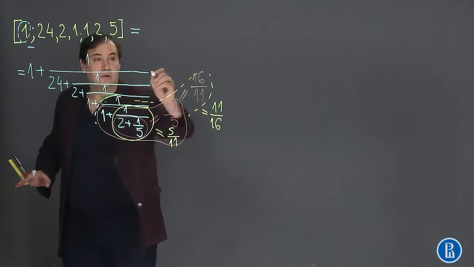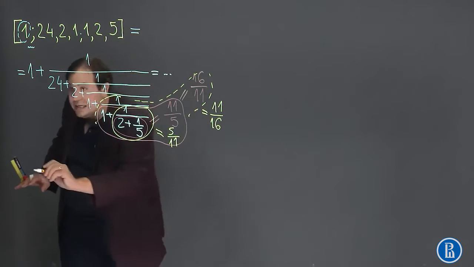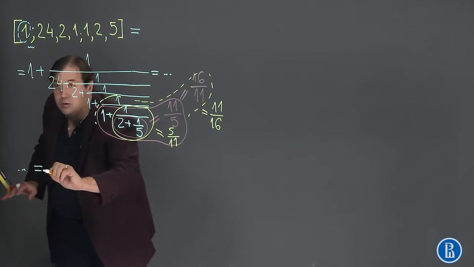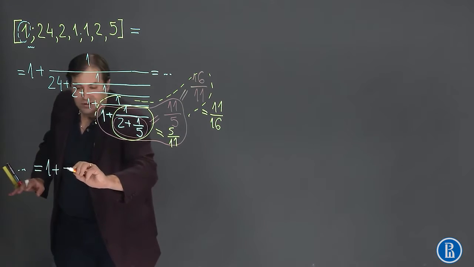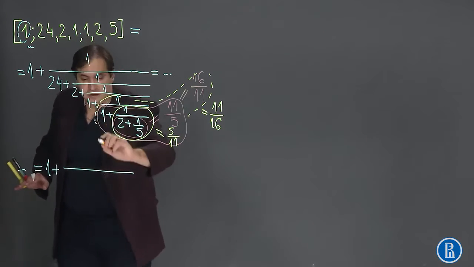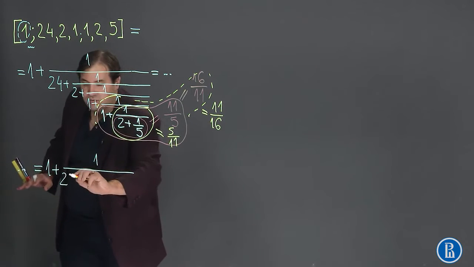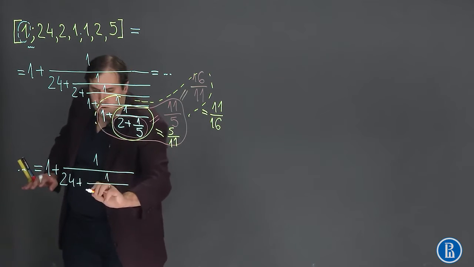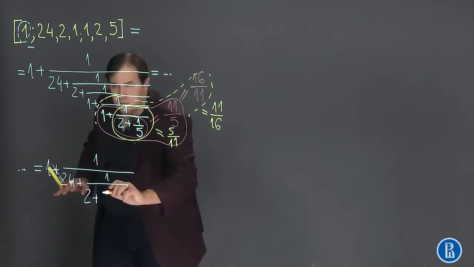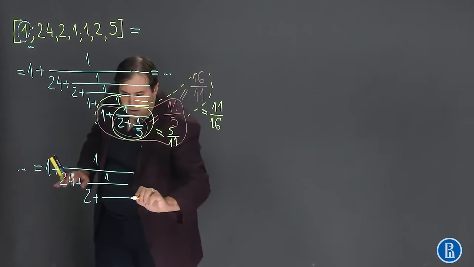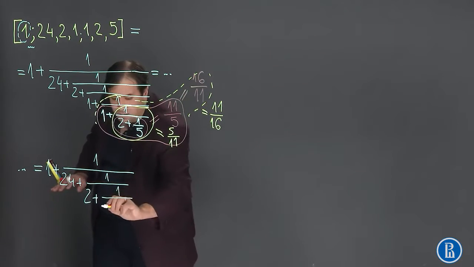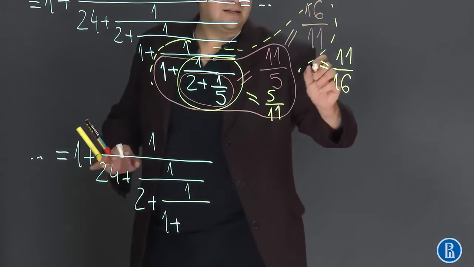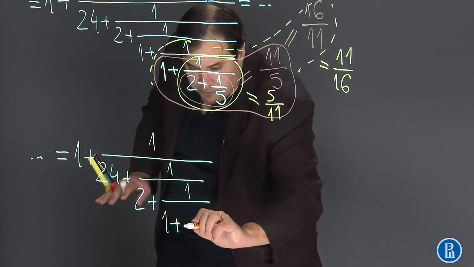So it is equal to 1 plus, nothing changed here, so it's 1 over 24 plus 1 over 2 plus 1 over 1 plus 11 over 16.